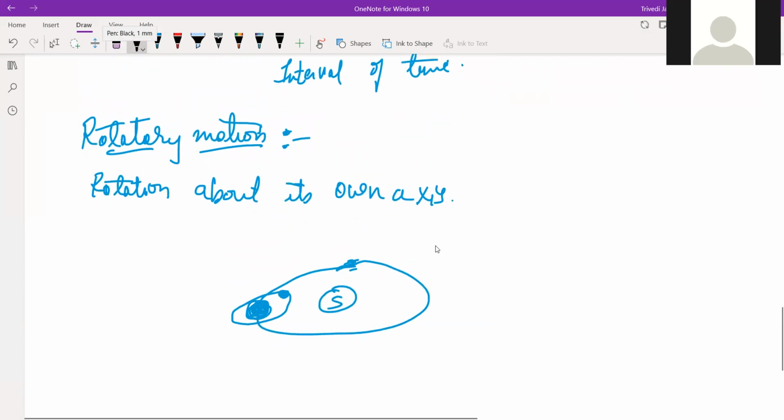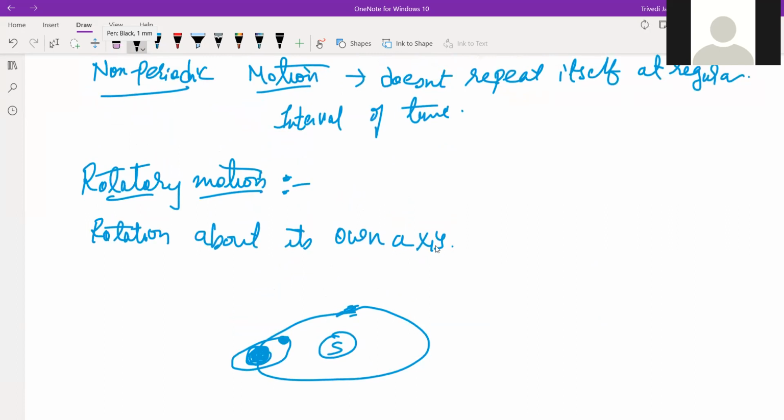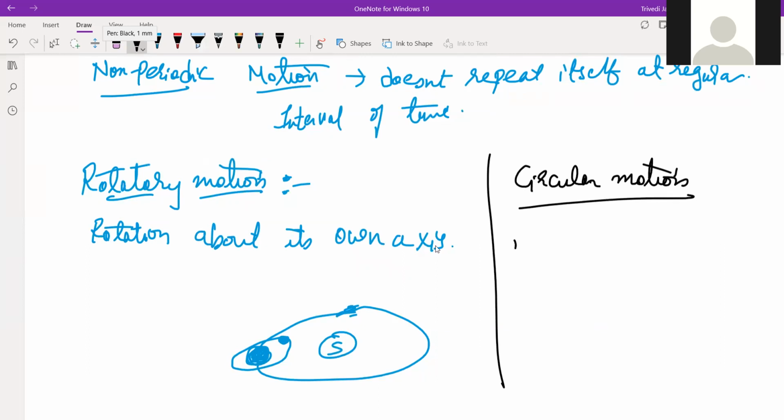What about circular motion? Moving in a circular path. The motion which takes place when the object moves in a circular path.